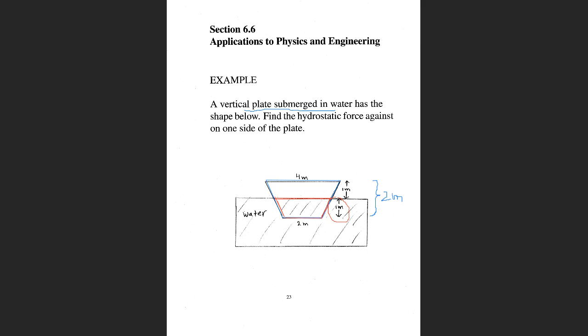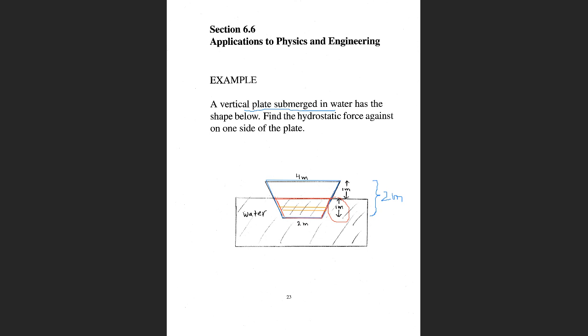Let's just work it out. But I think you already know that for this problem, we need to consider this plate below the water and break that plate up into strips, right? Just like part C of the last problem, the left-hand side of the aquarium, we broke that left-hand side up into strips.